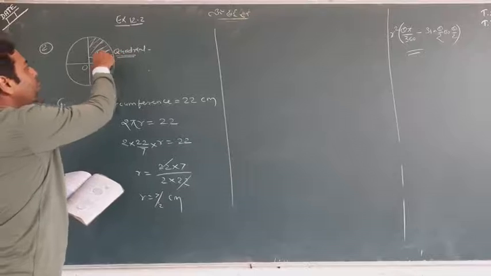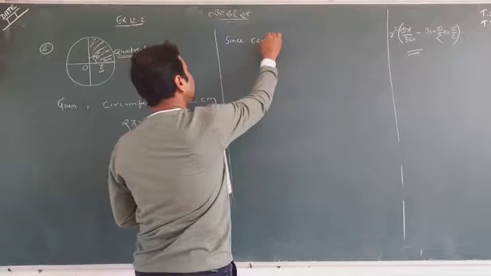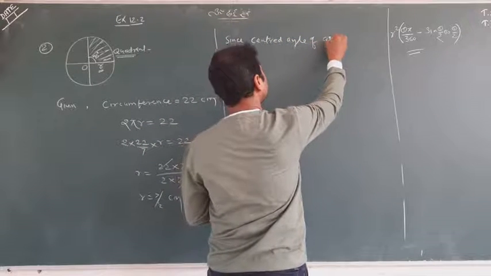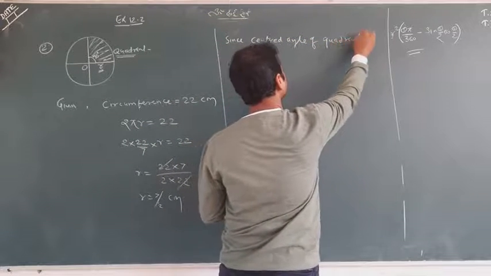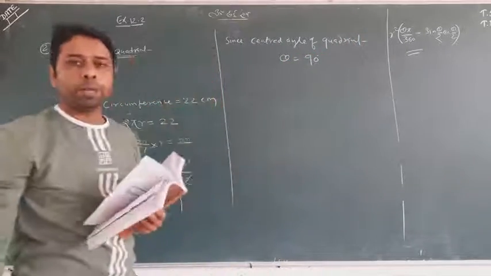Now you want to find the area of the quadrant. Since the central angle of a quadrant is none other than 90 degrees, it's very simple.